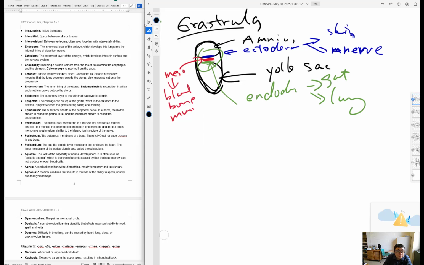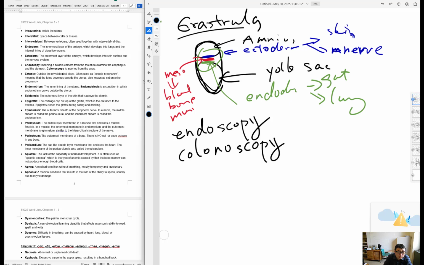Now we have described the ectoderm and endoderm, and endo means inside. So endoscopy is similar to colonoscopy. Colonoscopy checks the colon by inserting a scope.